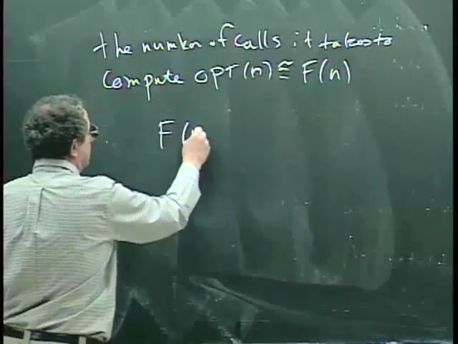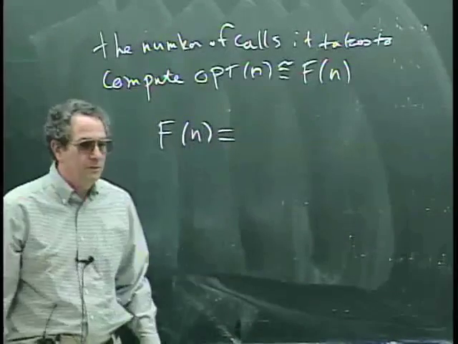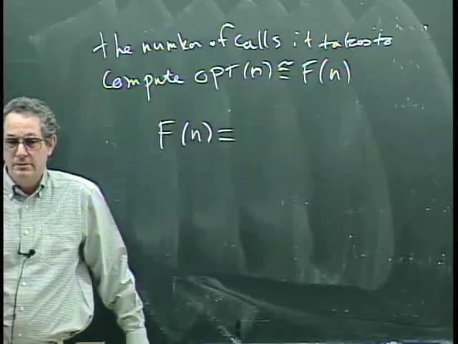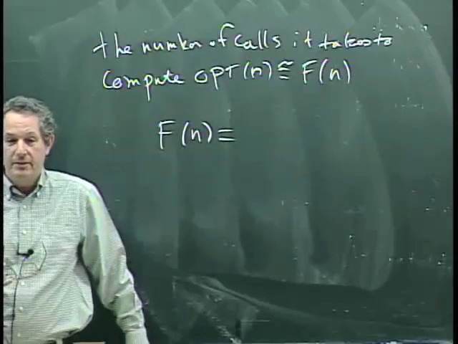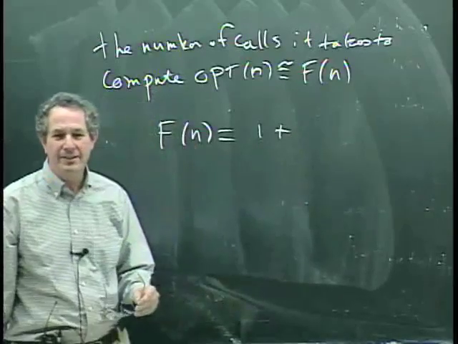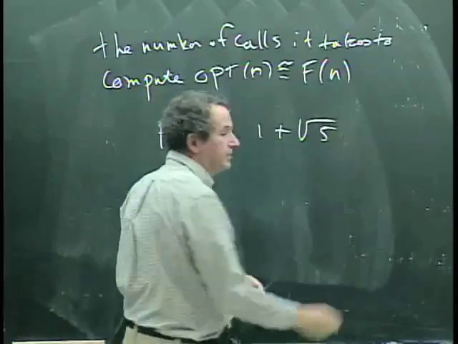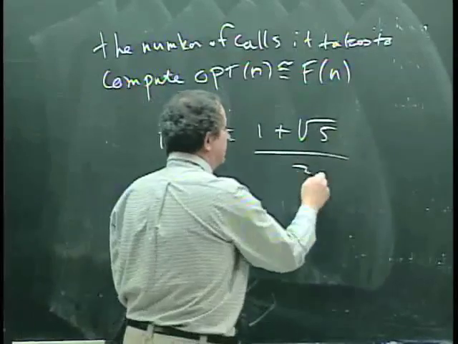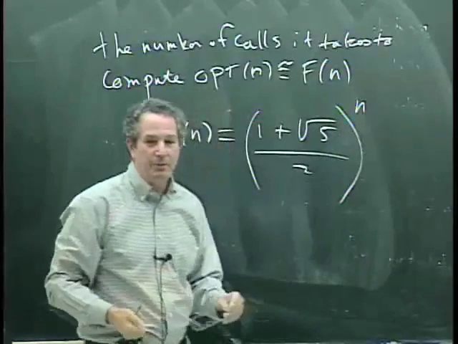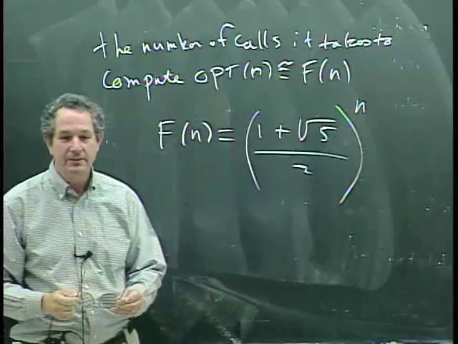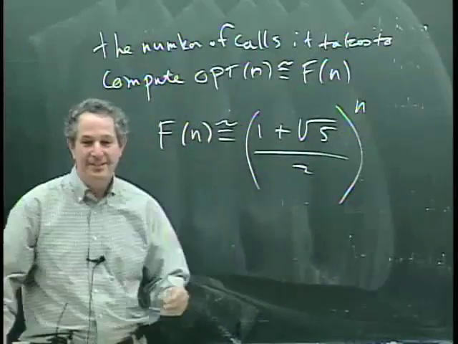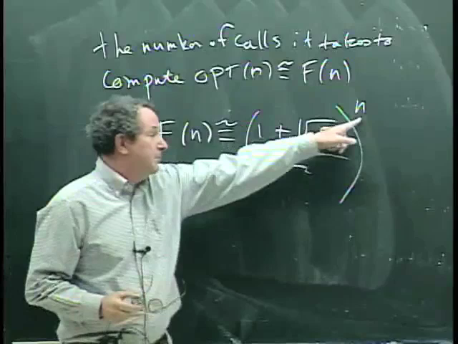Now, what is f of n? Anybody know? Or approximately? Does it grow slowly or rapidly? Looks like 1 plus square root of 5 over 2 to the n. Yeah, that seems vaguely reminiscent. Anyway, exponential.